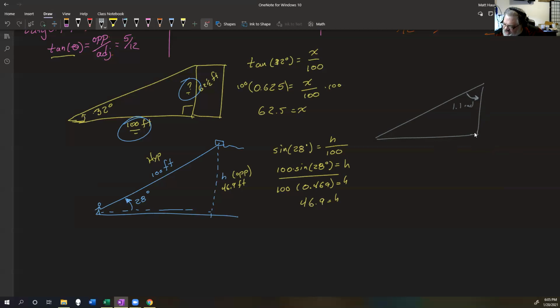And we know this side length. Let's say we know this side length is 4, and we want to know that hypotenuse length.